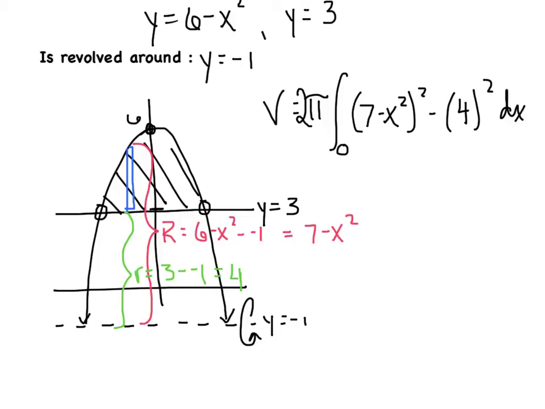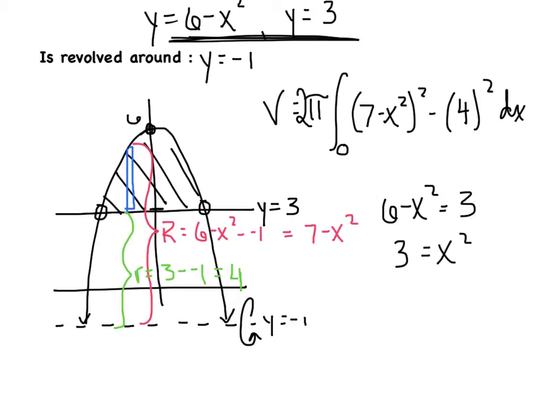So I really need to put my energy into getting this intersection point right here. I'm going to set the two functions equal to each other. If I said 6 minus x squared's got to equal 3, I'm really saying 3's got to equal x squared. X is equal to plus or minus radical 3. And this intersection is radical 3. So there's a great setup. We're ready to rock and roll.